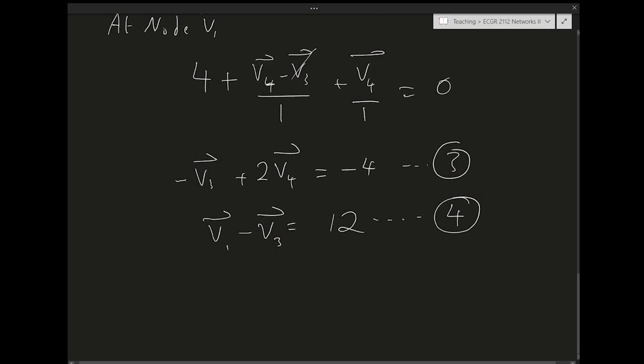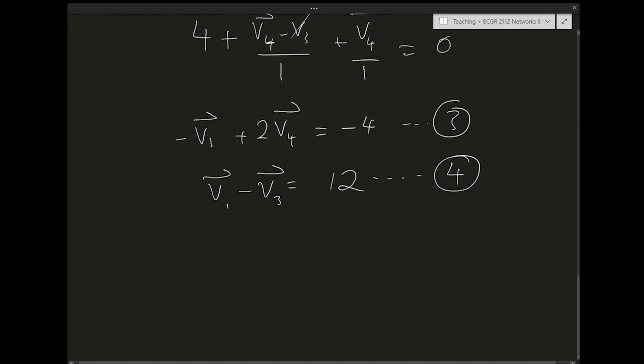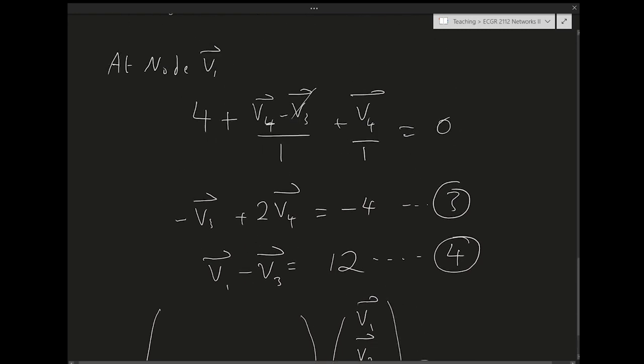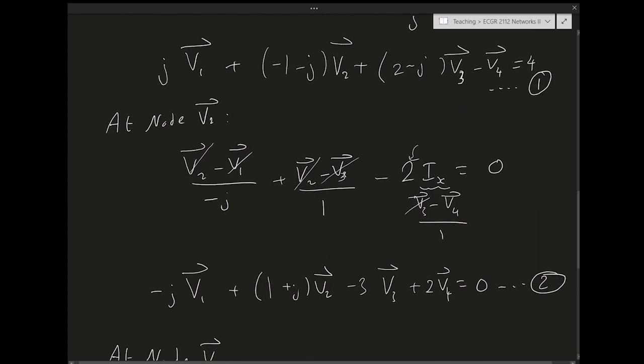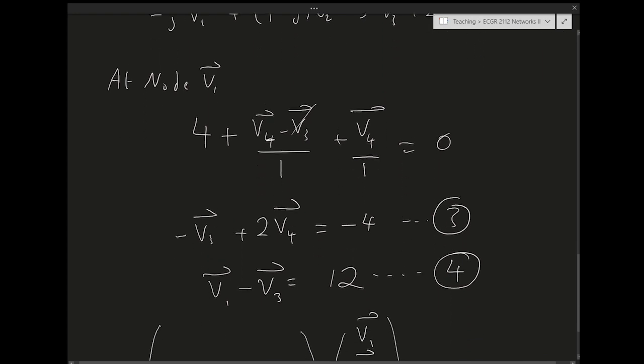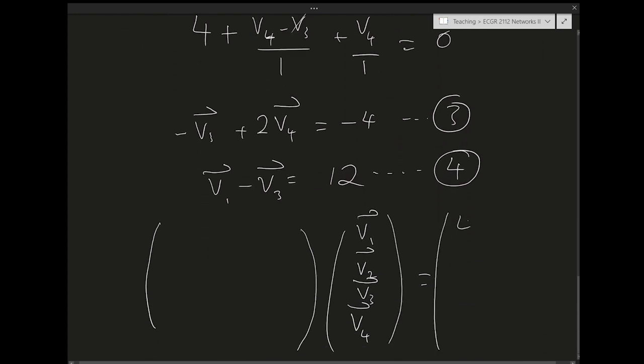Yeah, so we have enough information to write the matrix that we want to solve. We're solving for V1, V2, V3, V4. The outputs are 4, 4, 0, minus 4, 12, 4, 0, minus 4, 12.